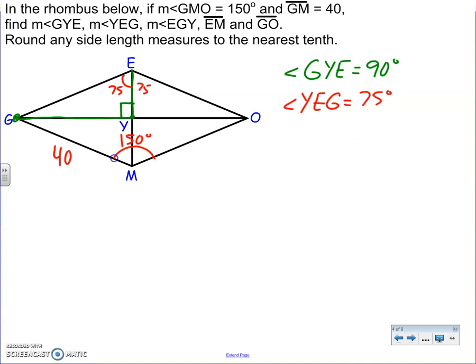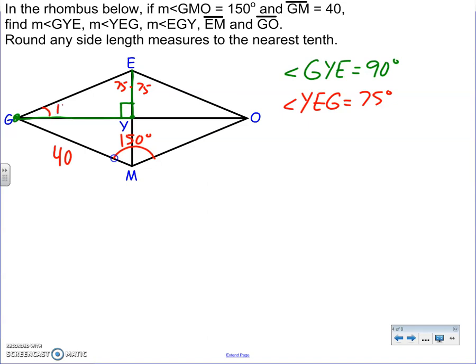What else are we asking for? Measure of EGY. EGY is the left angle. So let me erase this. Now they're asking what is this angle over here. And we just do triangle sum. So 75 plus 90 plus, I guess, x equals 180.